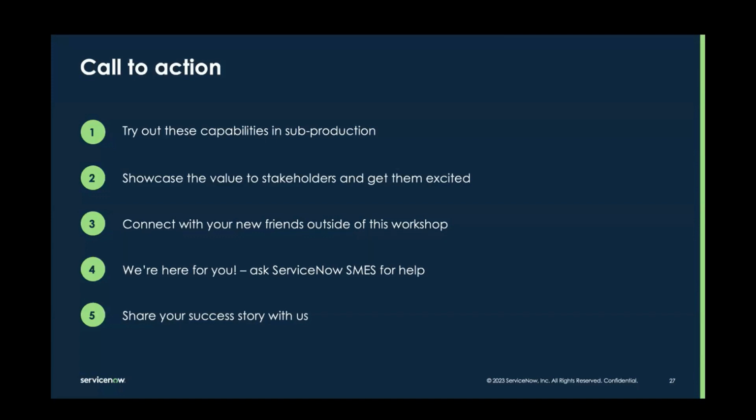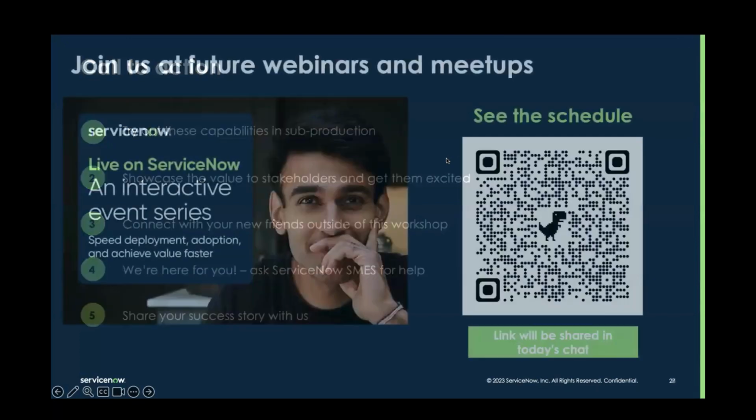You can connect with your new friends outside of this workshop. We are here for you to help, and whatever success stories you have, we're more than happy to listen to them, so feel free to share them with us.